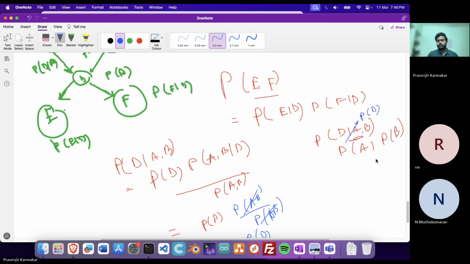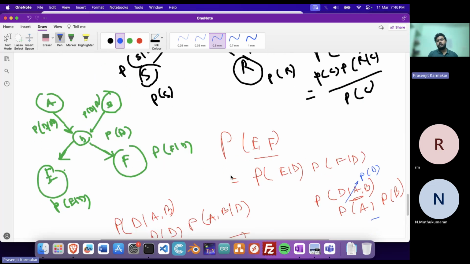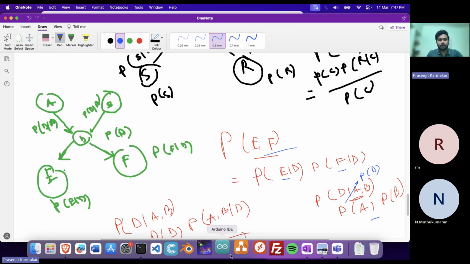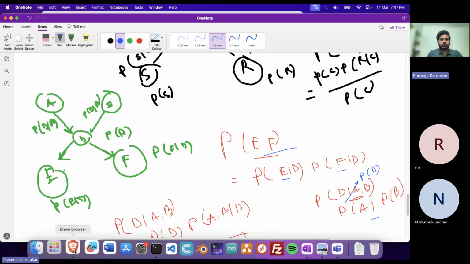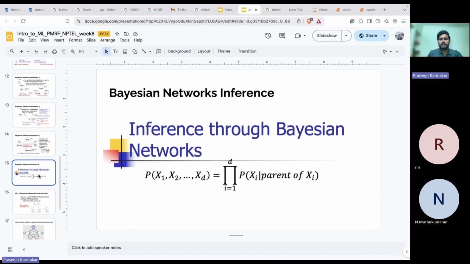Okay. So if I just know all these values, I can compute probability of E and F occurring together, just multiplying P of E given D, P of F given D. So why I didn't do P of D directly? Because from this equation, what we know, we have to go by the parents.